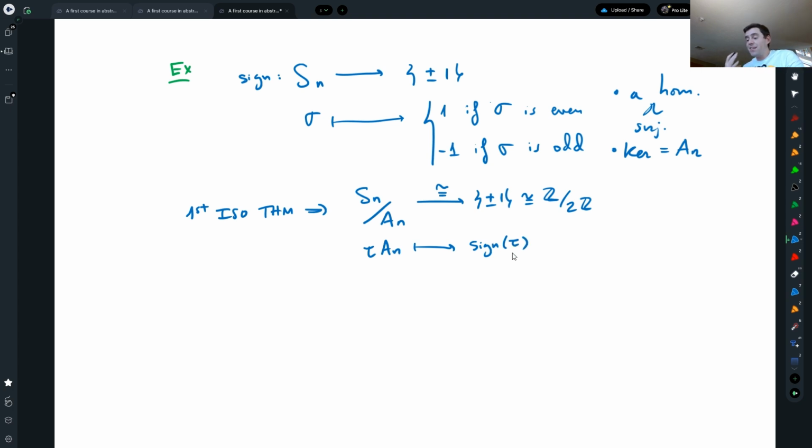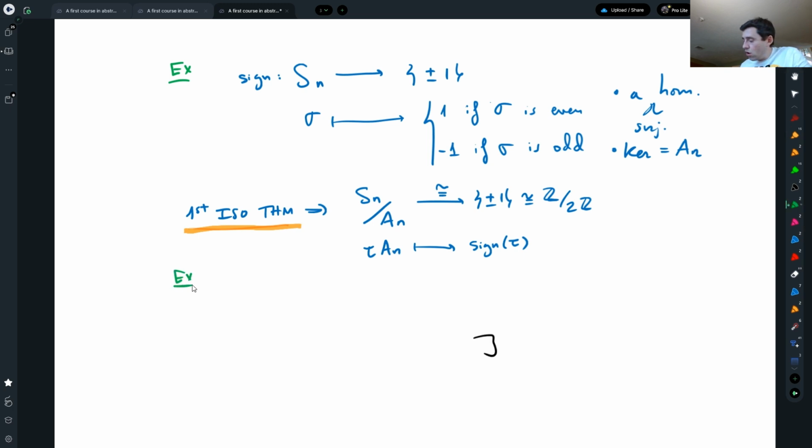So that is an isomorphism, and it's an isomorphism because it's precisely what the first isomorphism theorem tells you, that that map in particular has to be an isomorphism.